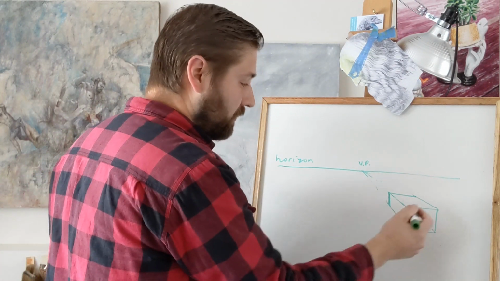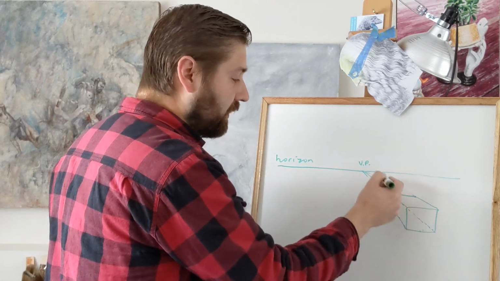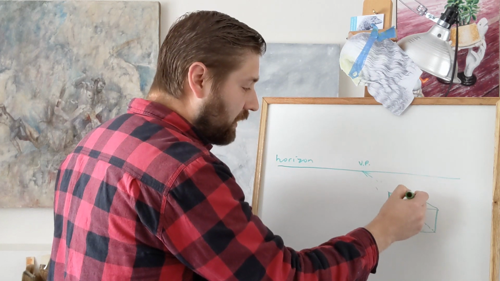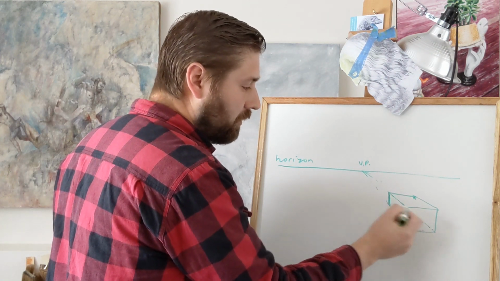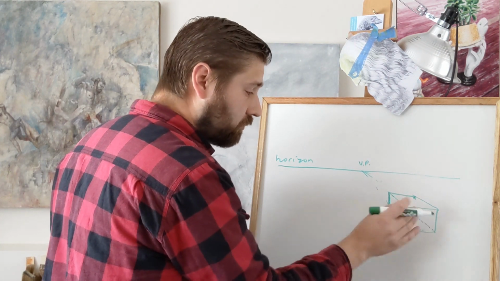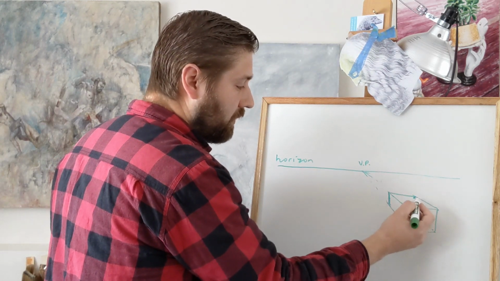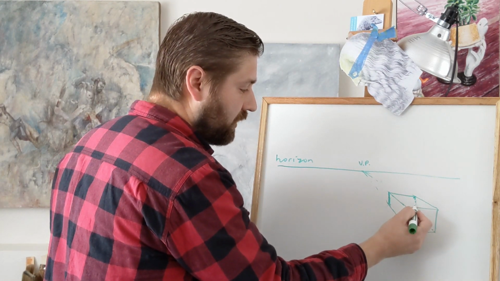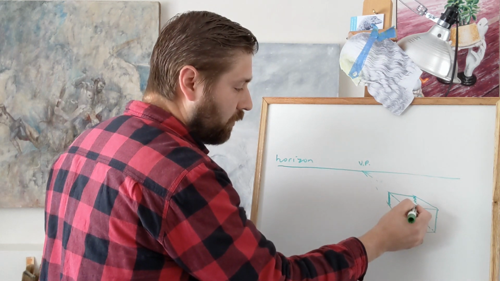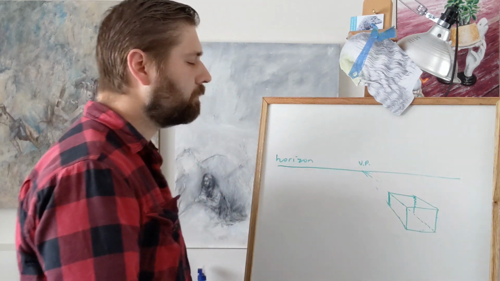So that would be how you draw kind of the inside line. Now that inside line goes back. Well, this line's going to come straight down because if you think about it, you're basically just going to make the opposite facet back here. So this line is going to come straight down because this line and this line, in 1 point perspective, are always going to remain parallel.